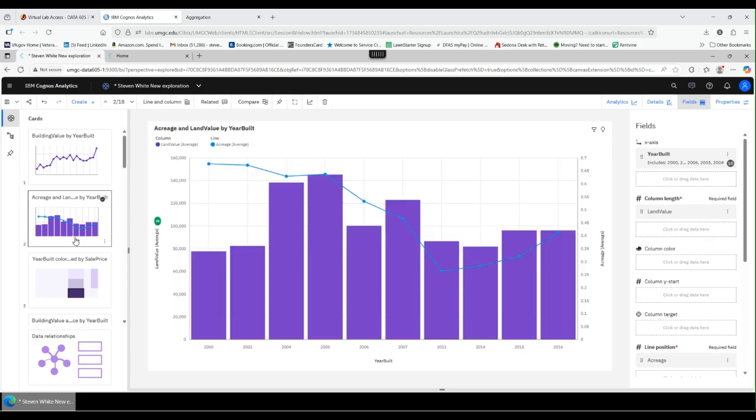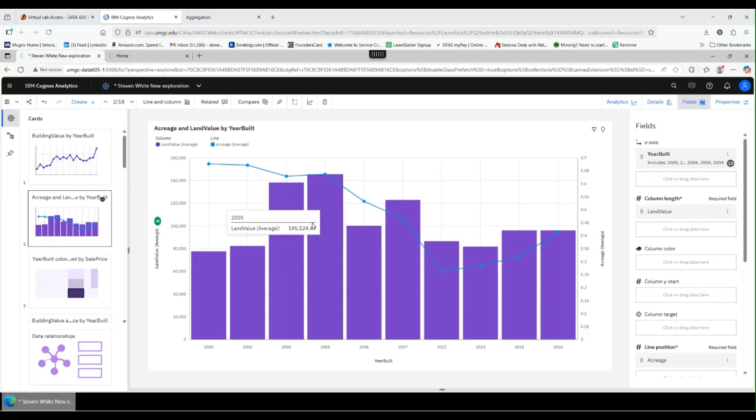Here we have the acreage and land value by the year built. So this one I actually filtered from 2000 to 2016 to have a more current picture. You can see the land value over the average land value for the property sold, and you can see the average acreage over that time.